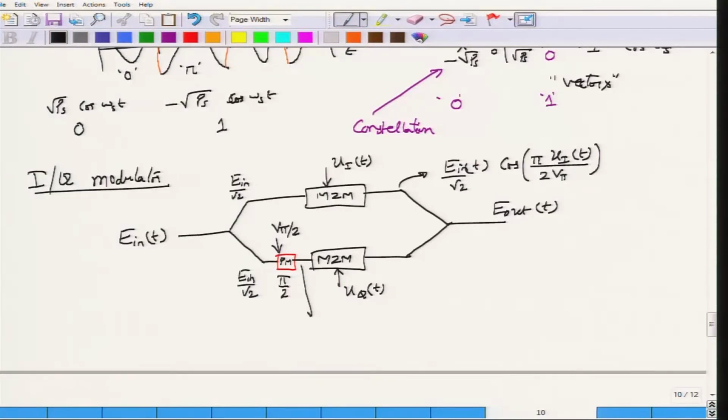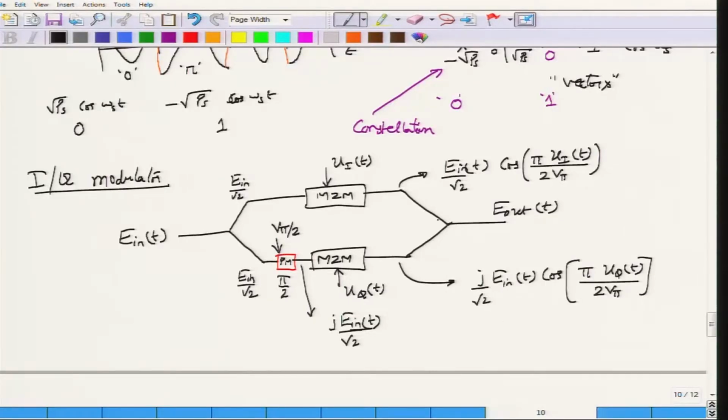What would be the electric field here? The electric field here will be j times E in by root 2. Why should there be a j? This indicates a 90-degree phase shift. So, this is j E in of t by root 2. The electric field here will be j by root 2 E in of t cos of pi Uq of t divided by 2 V pi.